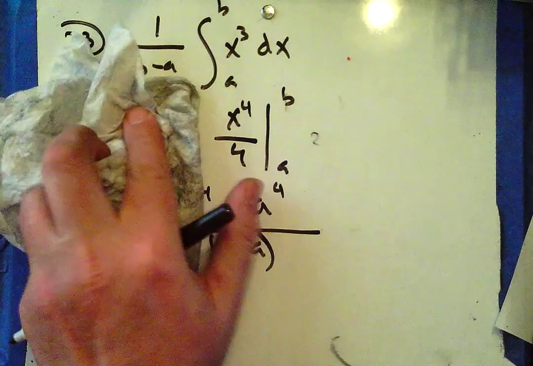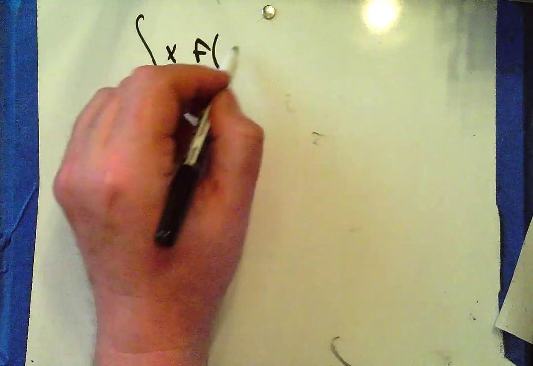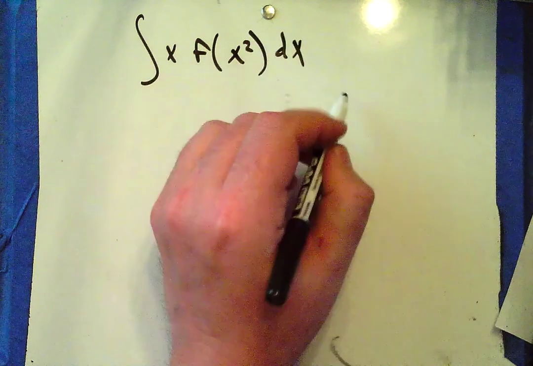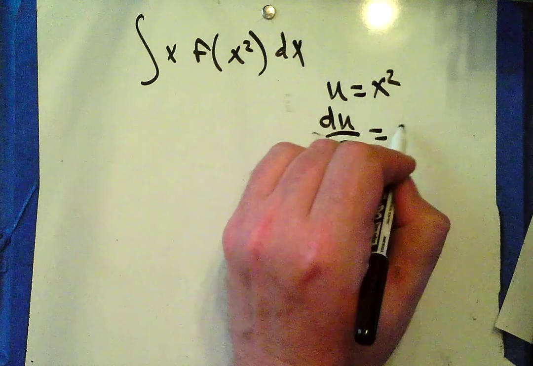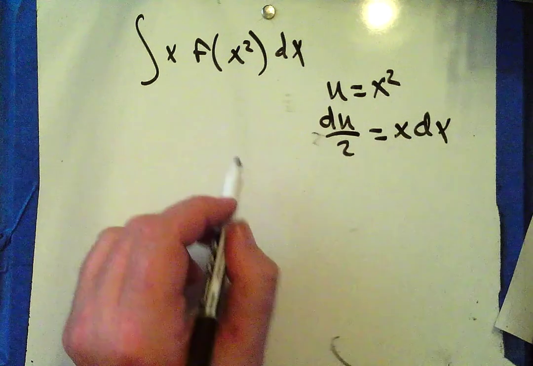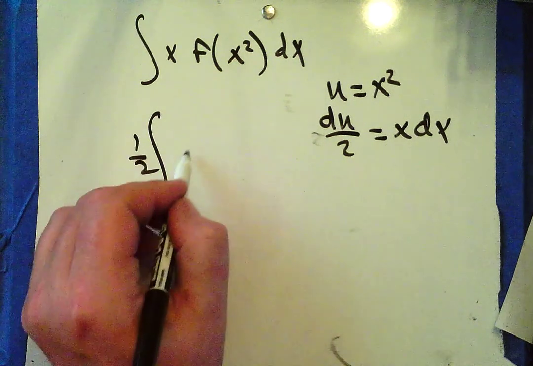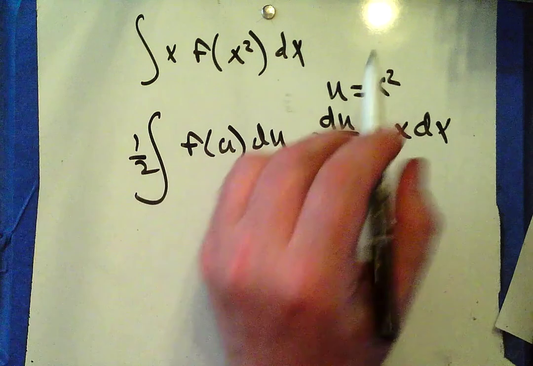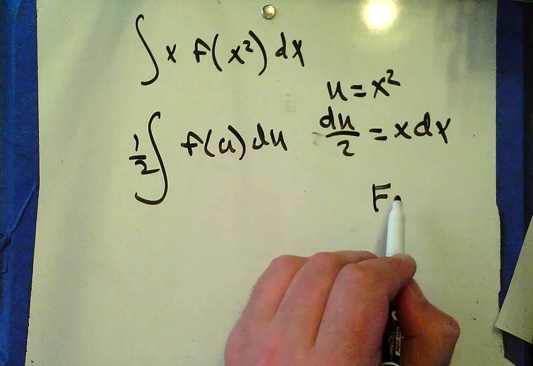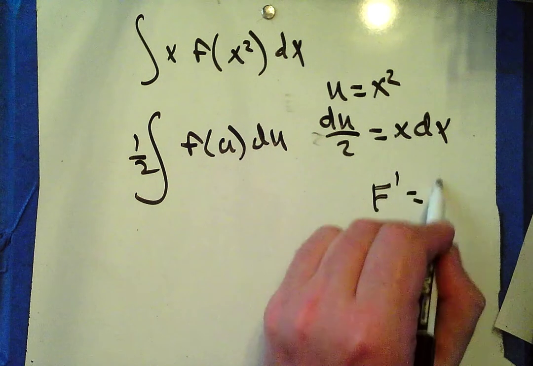34. The integral of x f of x squared dx. So if u equals x squared, du over 2 equals x dx. So this integral can be rewritten as 1/2 f of u du. Well, we know that big F prime equals little f.